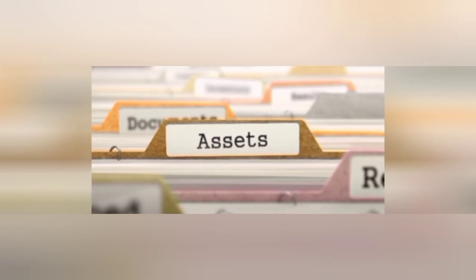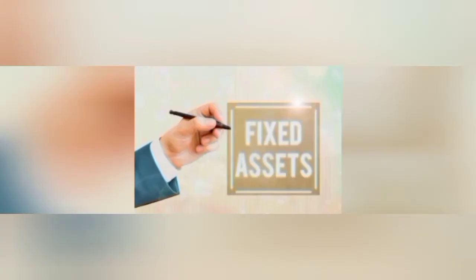These assets could be land, building, motor vehicle, furniture and fittings, office equipment, and the rest. These assets enable the organization to run effectively, but they are classified into fixed assets. What is a fixed asset?